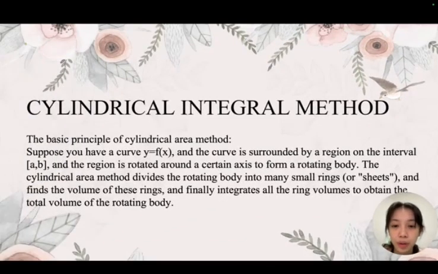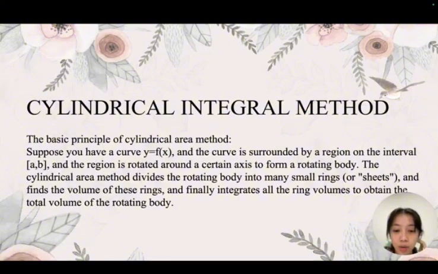The cylindrical shell method is that, suppose we have a curve, and the curve surrounds a region on an interval. The cylindrical shell method divides the rotation body into many small shells and finds the volume of these shells.